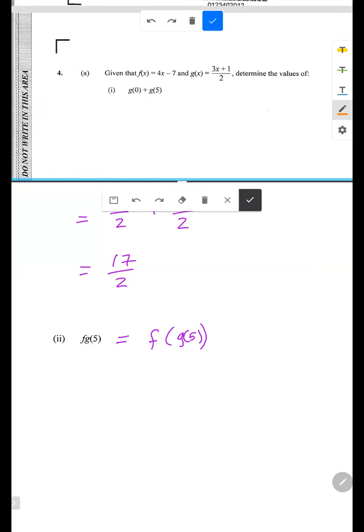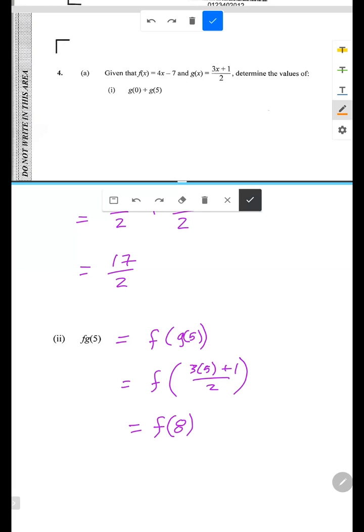All right, so this becomes f of, and the g of 5 now is 3 times 5 plus 1 over 2. Same thing that we did a while ago, same g of 5. 3 times 5 is 15, 15 and 1 is 16, 16 over 2 is 8. So this is really f of 8 now.